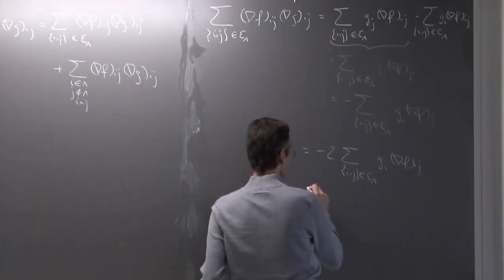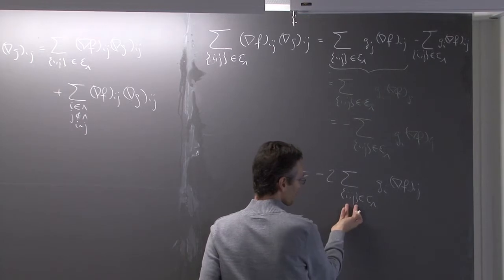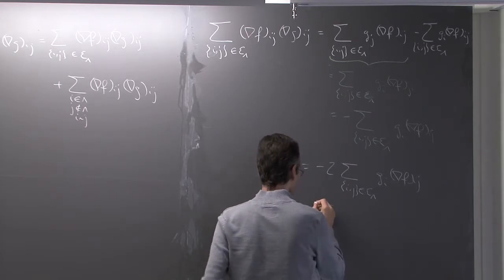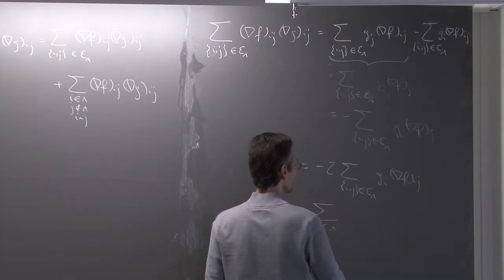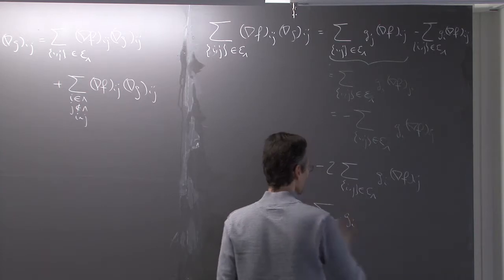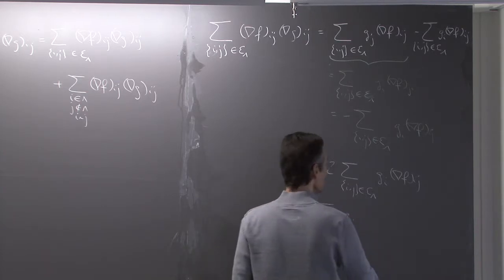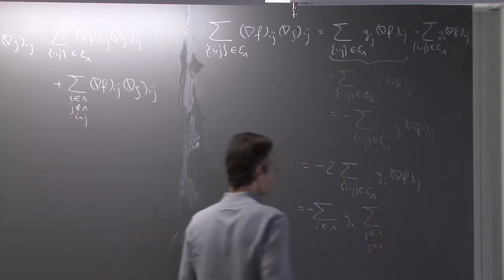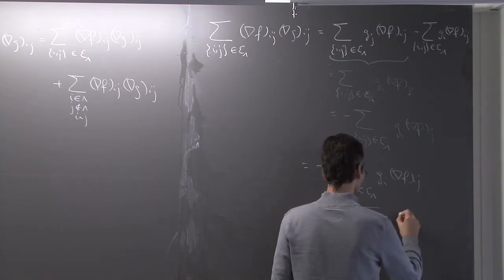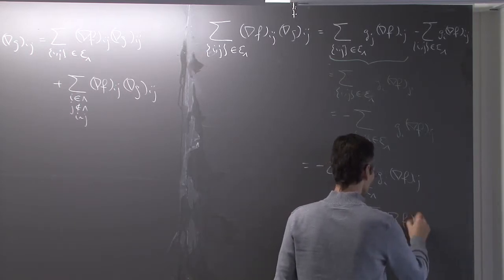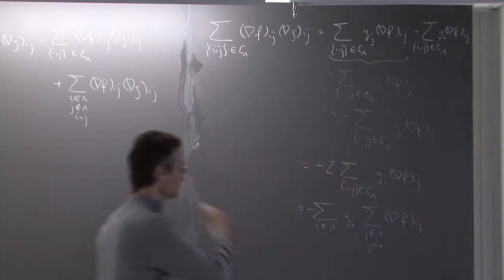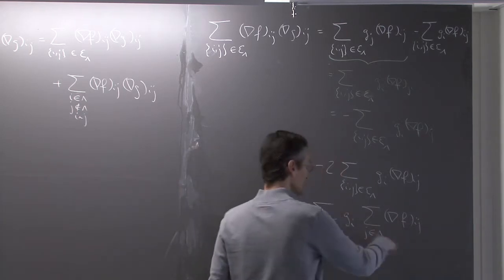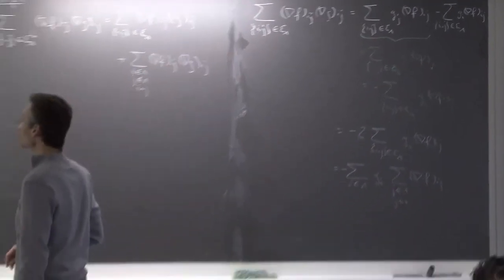And now I want to write it as follows. Instead of summing over edges like that, I will sum first over the vertex i and then over its neighbors. So I get, with a minus for sure, the sum over all i in lambda of gi, and then the sum over all j in lambda, j neighbor of i, of gradient f ij. Now, this is almost the discrete Laplacian at i.